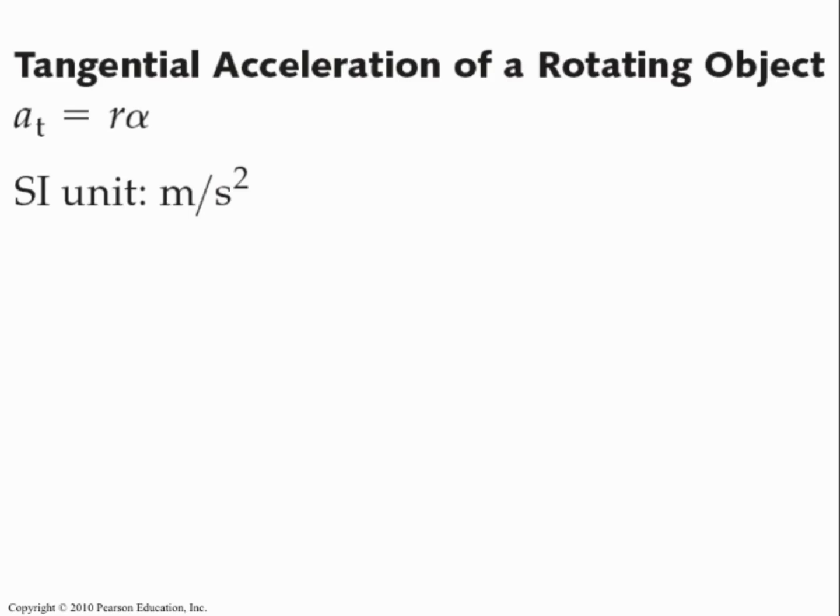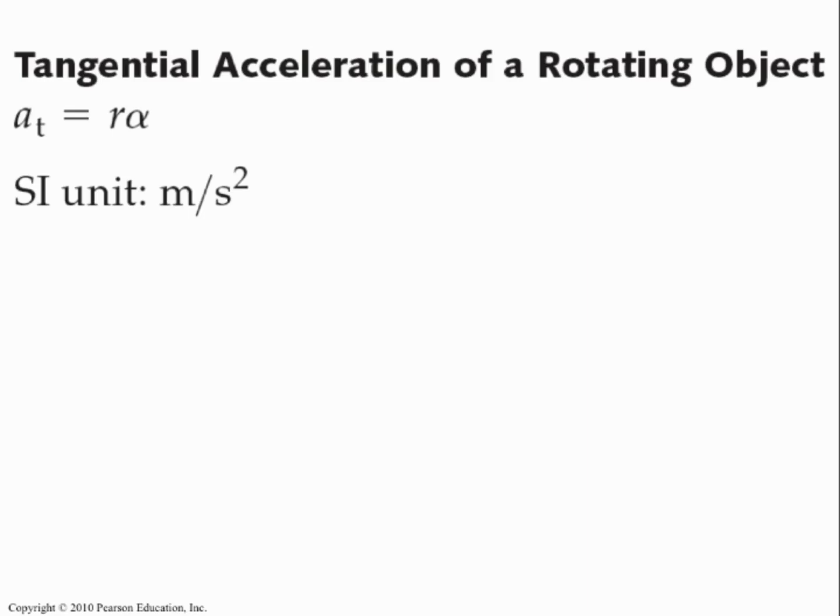Let's talk about the tangential acceleration of a rotating object. We already talked about the angular acceleration of objects rotating more and more rapidly or more and more slowly. Now we're talking about the tangential acceleration, and that's really analogous to the tangential velocity. Just as you can have tangential velocity, you can also have tangential acceleration, which is a change in tangential velocity over time.